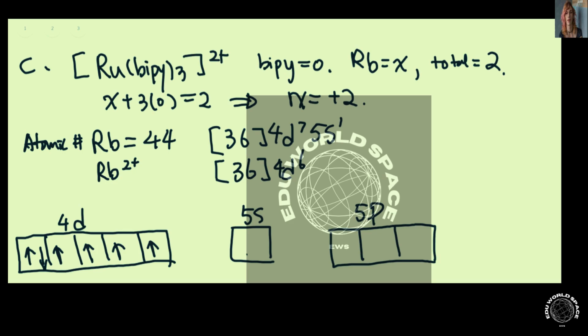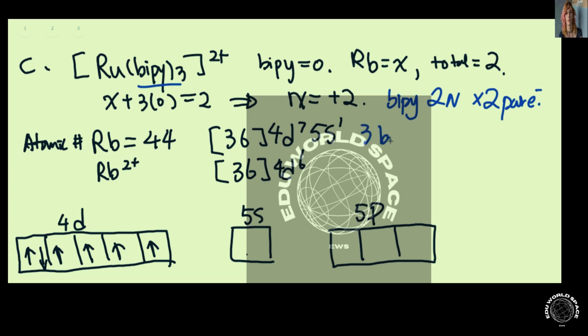All right, so now we look at the ligand bipyridine. So each one bipyridine has 2 nitrogen donor atoms, and 2 donor atoms will have 2 pairs of electrons donated to the center atom.